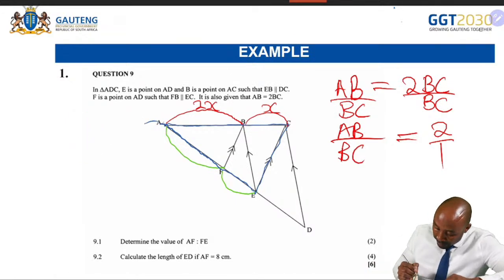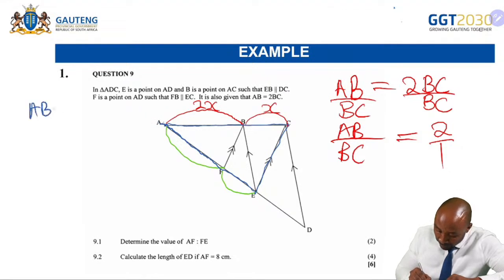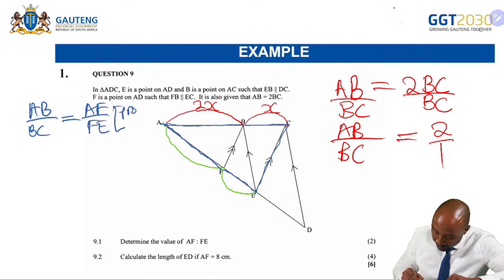Let me rewrite my formal solution. I'll have AB over BC is equal to AF over FE, and I can give my reason as the proportionality theorem.